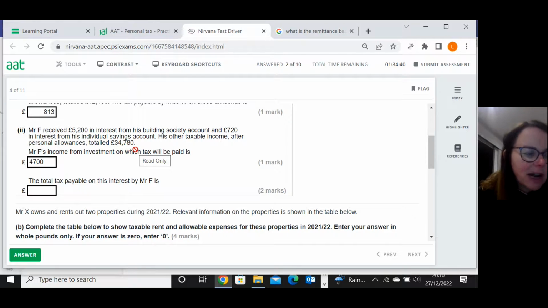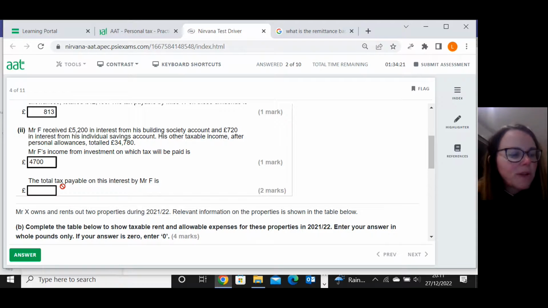You then need to figure out how much is taxed at the higher rate. So you're trying to tax 4,700 altogether. We've already taxed 2,420, so let's subtract that, which means that we've got £2,280 left to tax at the higher rate of 40%. So 2,280 times 40% gives us 912.